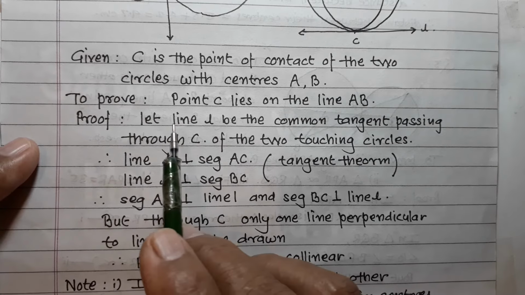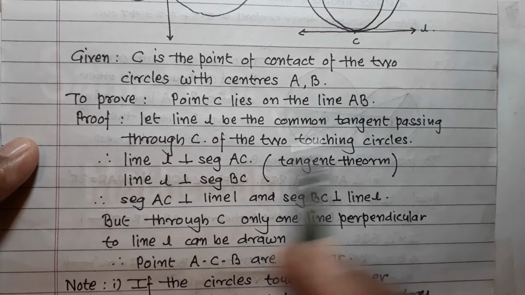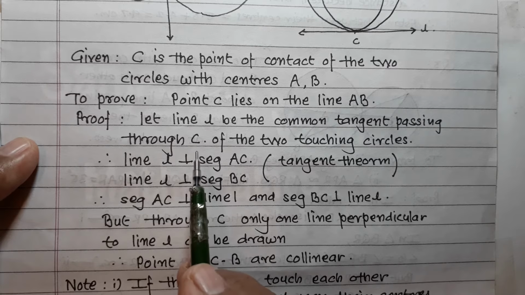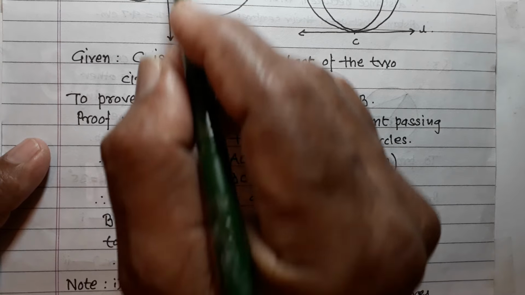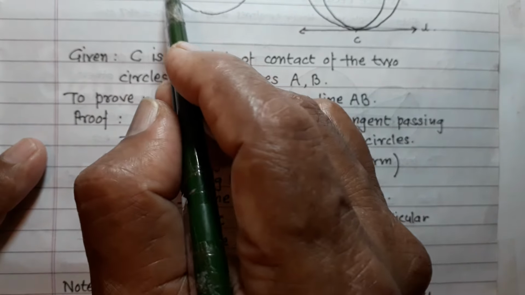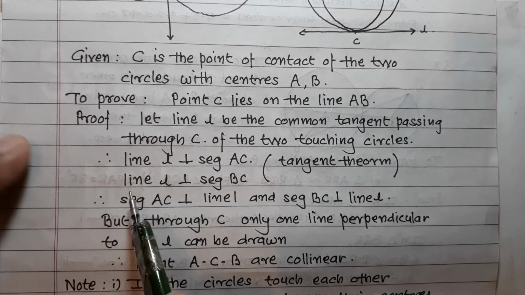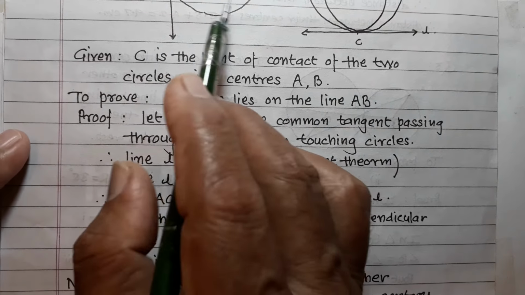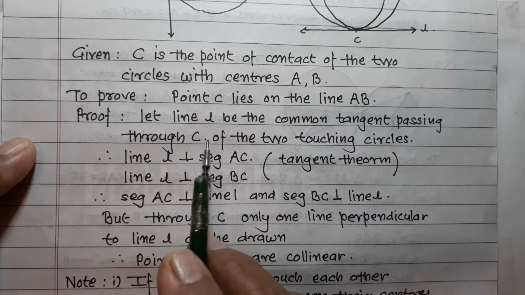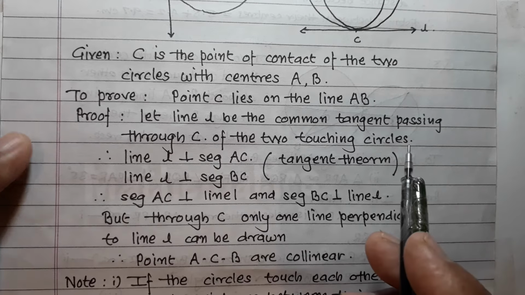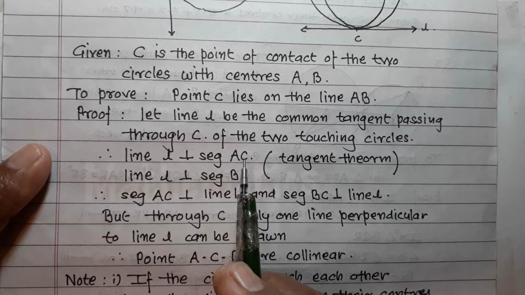Proof: let line L be the common tangent passing through point C. Here you draw one tangent which is passing through the contact point. That is a common tangent to both circles. Through C of the two touching circles, line L is perpendicular to seg AC.